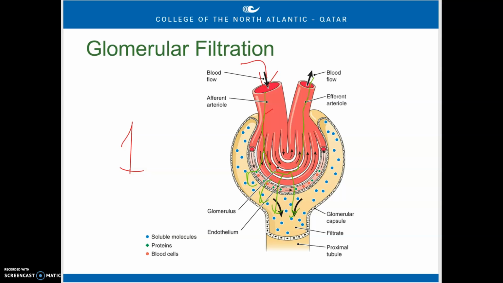Then the blood leaves through the efferent arteriole, and basically we're left with cells and large proteins. The rest from the blood that comes out of the plasma is going to be collected in here, and it's going to start moving through the nephron.